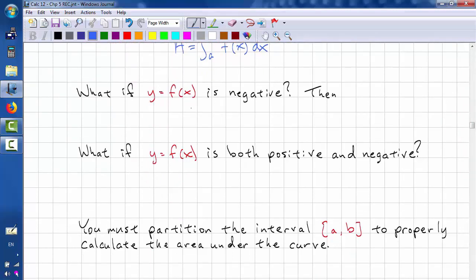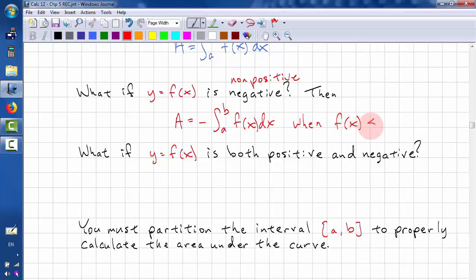The next question you should ask is, what if y equals f of x is negative? Well, if it's negative, or actually it should be non-positive, then area equals minus the integral from a to b f of x dx, when f of x is less than or equal to 0.